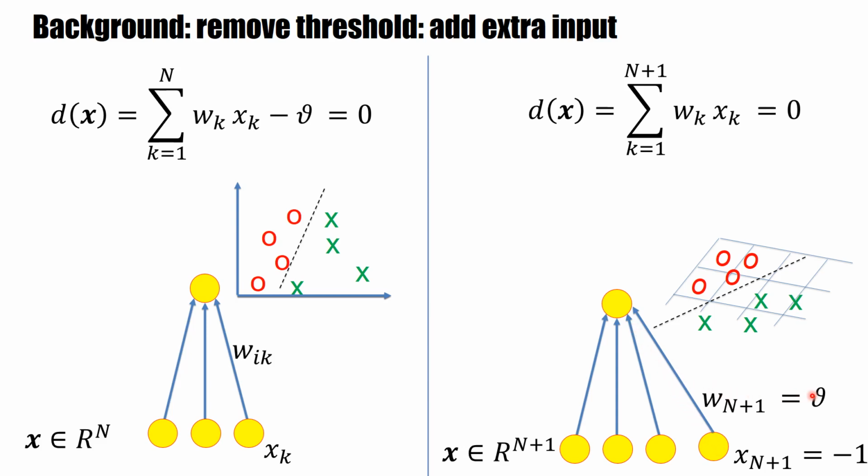And then in this n+1 dimensional space, the separating surface always goes through the origin. Learning then means changing the n+1 weights, and that also means rotating the separating surface in this n+1 dimensional space.